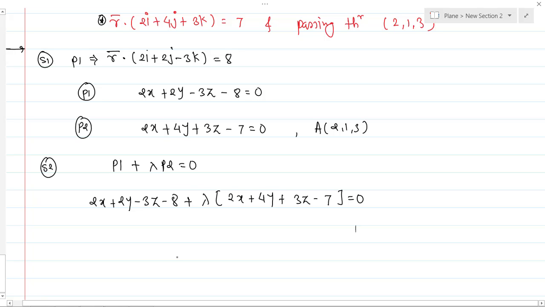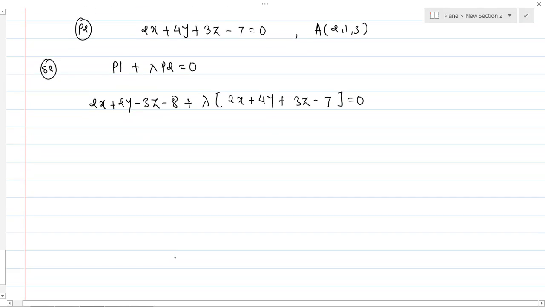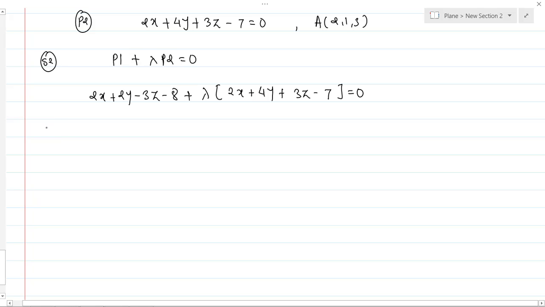Okay, step 3 is what? Find the value of lambda. How will you find it? We will substitute the point A, because as A lies on the plane, it should satisfy that equation, the above equation. So let's substitute.